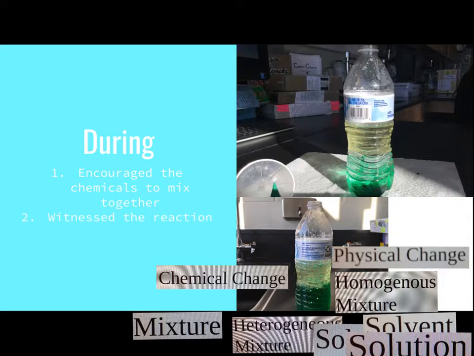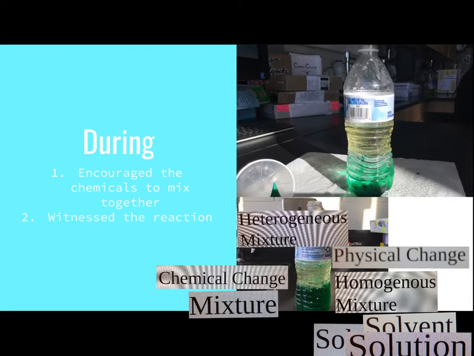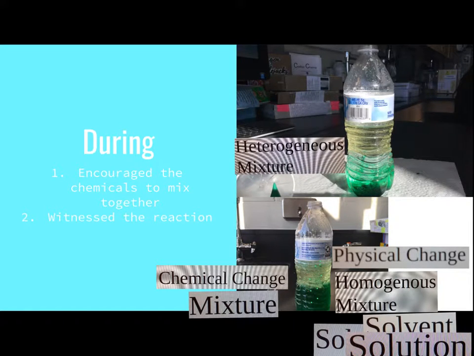Okay, this is sort of forming a new mixture because a new substance has been introduced into the water. However, it is still a heterogeneous mixture apart from the oil and water because you can still see the two different components very clearly.